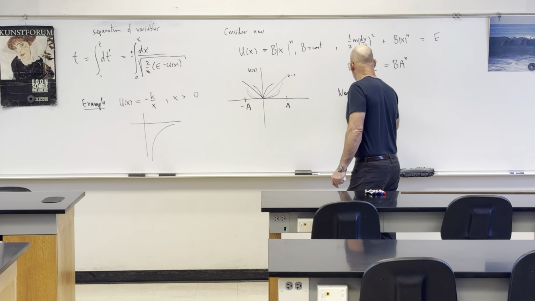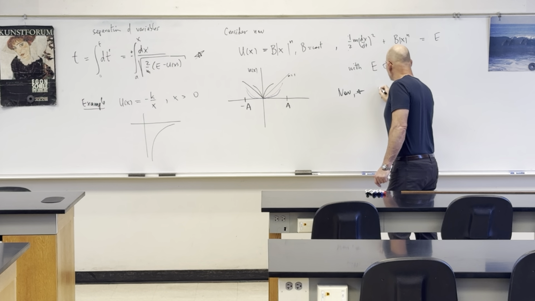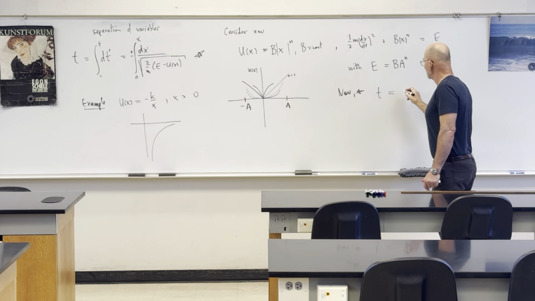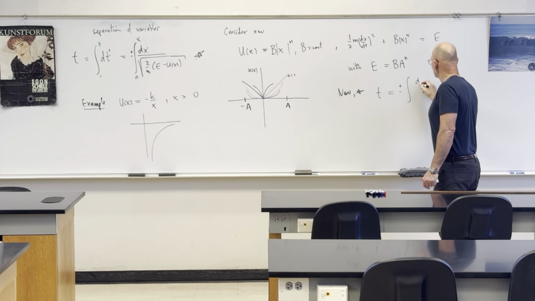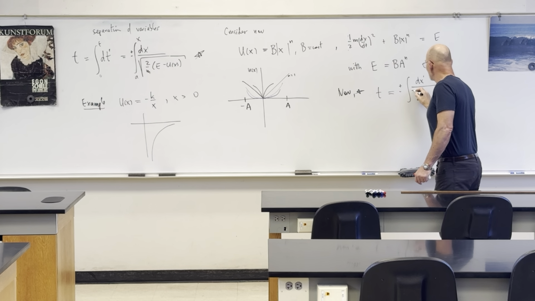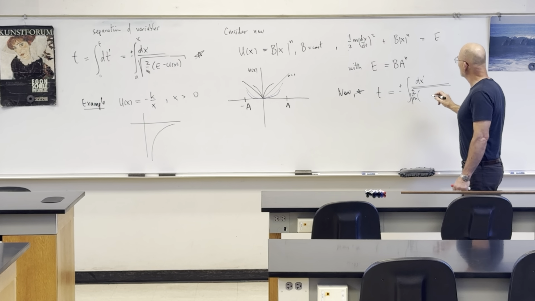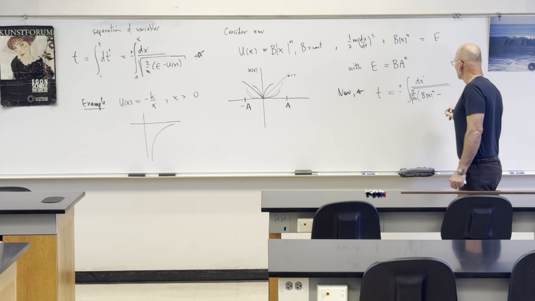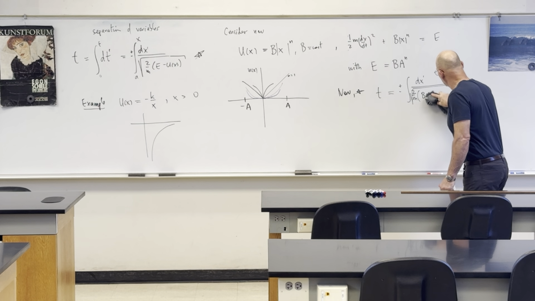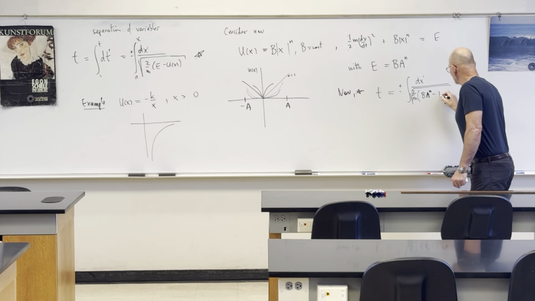So we're going to go ahead and take this into this integral. Everything's named star. We have t is equal to, let's go ahead and just plug this in and see what we have. So we've got dx prime, 2 over m, we have energy, which is b a to the n, minus b x to the n.